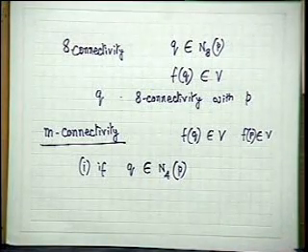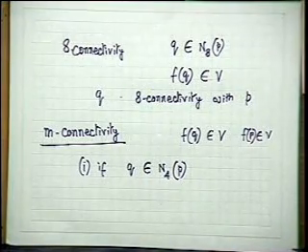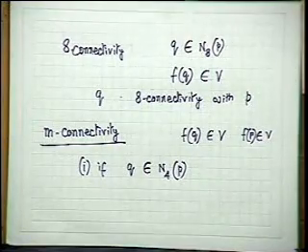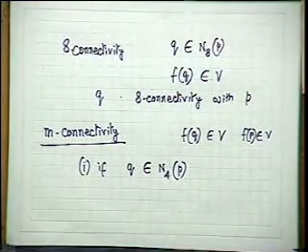If Q happens to be a 4 neighbor of the pixel P, then obviously this pixel Q and pixel P will be M connected. They will be having M connectivity.